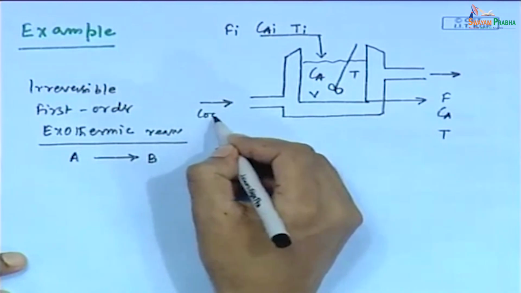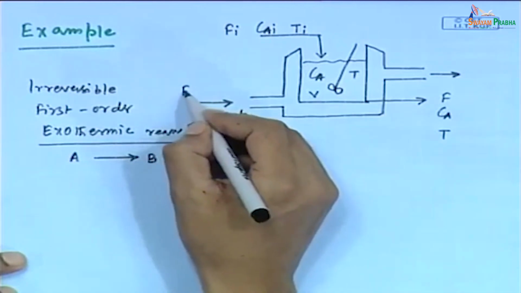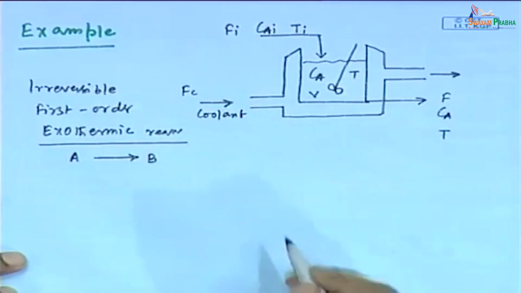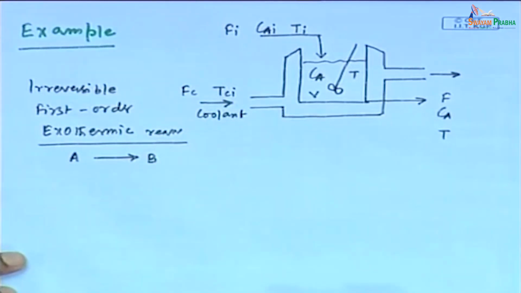So, to remove the exothermic heat from the reactor, we need to introduce a coolant stream in the jacket. So, this is basically a coolant which has the flow rate of suppose Fc and temperature is Tci.